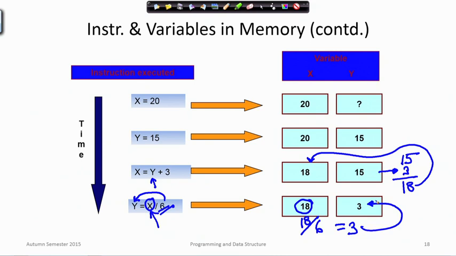Now, what are this 18 and this 20? These are values, whereas these are variables. These are also known as constants. Constants are the values which do not change during the execution of the program.